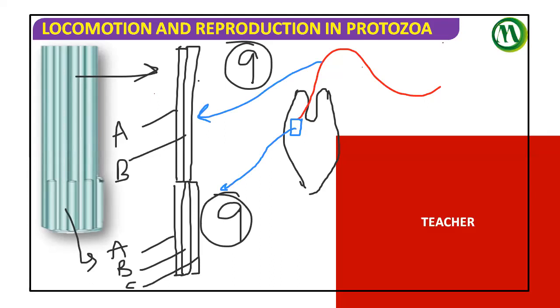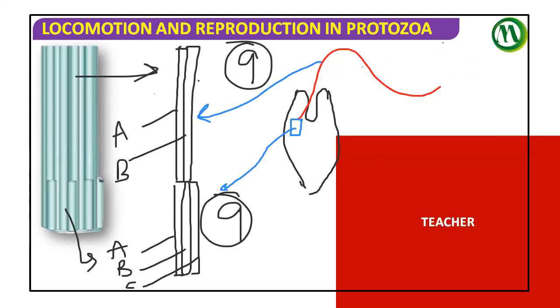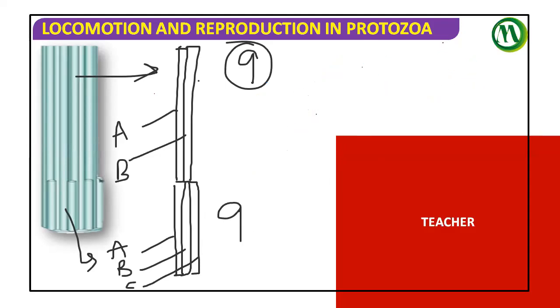Next, what we just talked about, there are two central singlets in the case of flagella, isn't it? And there are no singlets in the case of basal granule. So I'll give the conclusion here: both at a time, 9 peripheral microtubular doublets and 9 peripheral microtubular triplets.